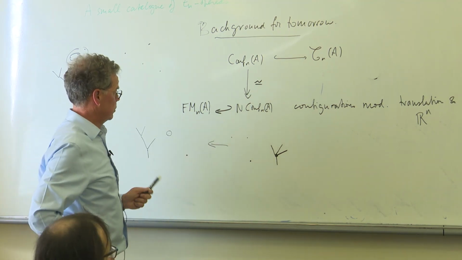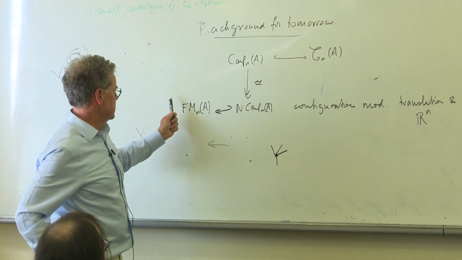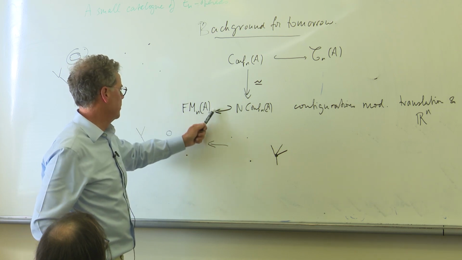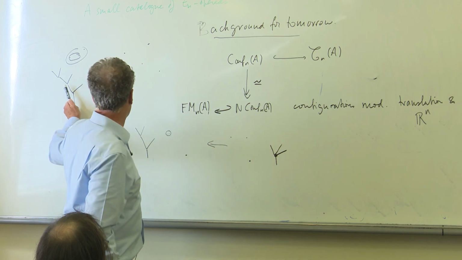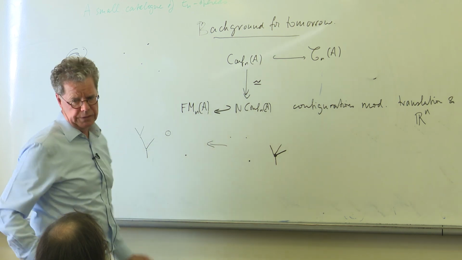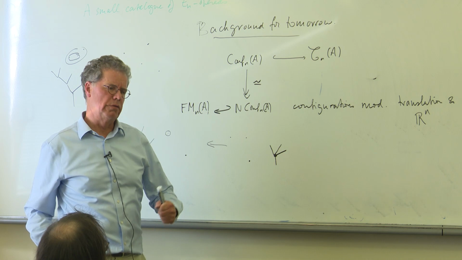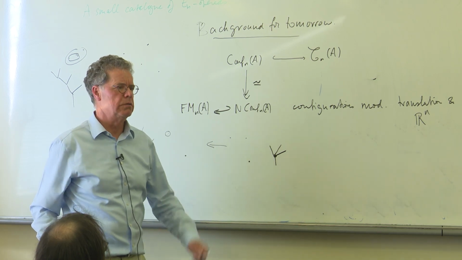So that's what I'm going to use, and I'm going to use that this boundary is parameterized by trees with at least one inner edge. So try to remember these. I will repeat them tomorrow.